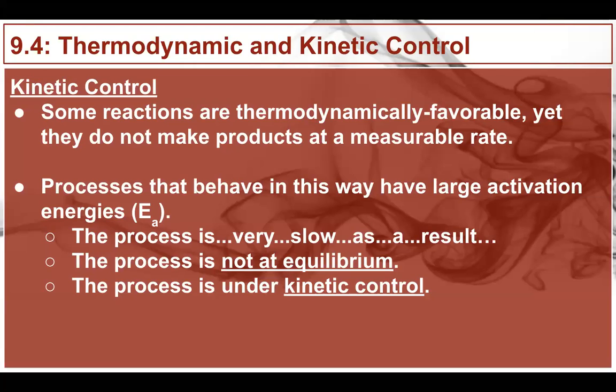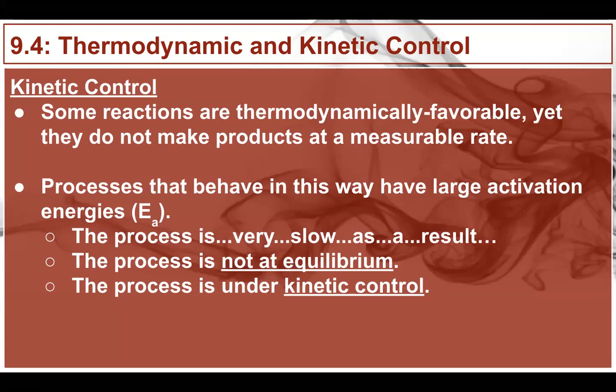Okay, so we're getting into the concept known as kinetic control. We might have a reaction that is considered to be thermodynamically favorable, but we don't actually see it doing anything, right? It doesn't make products at a measurable rate. It is not proceeding towards equilibrium very quickly. And basically what all that means is that it has a large activation energy.